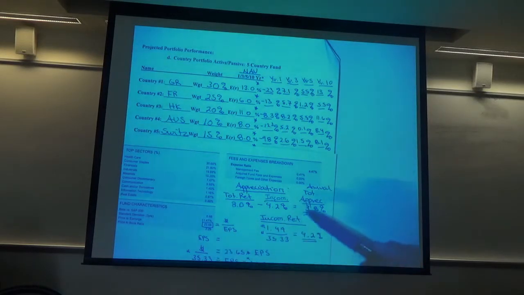So everybody understand how to extrapolate from the total return, how to calculate the income return, and how to extrapolate the appreciation component? What's going to be interesting is that when you look at your different country funds, there's going to be a different mix between income return and capital appreciation for each country. If you're doing a small cap fund, the majority of the return is going to come from capital appreciation.